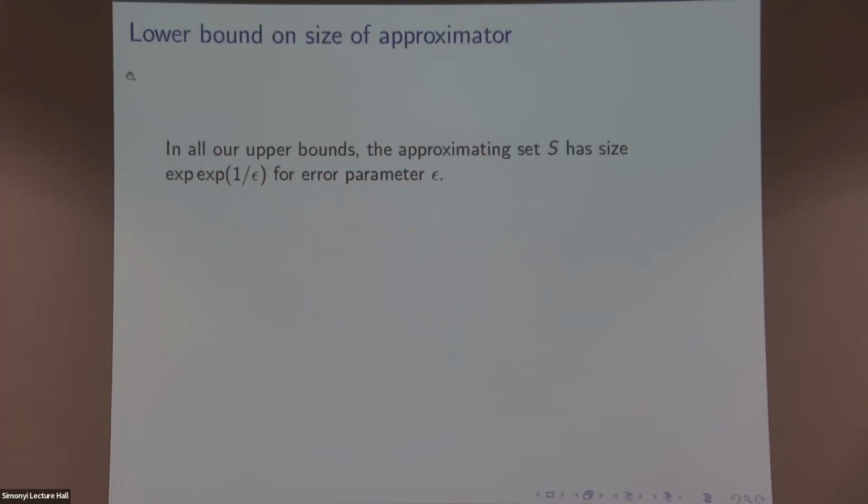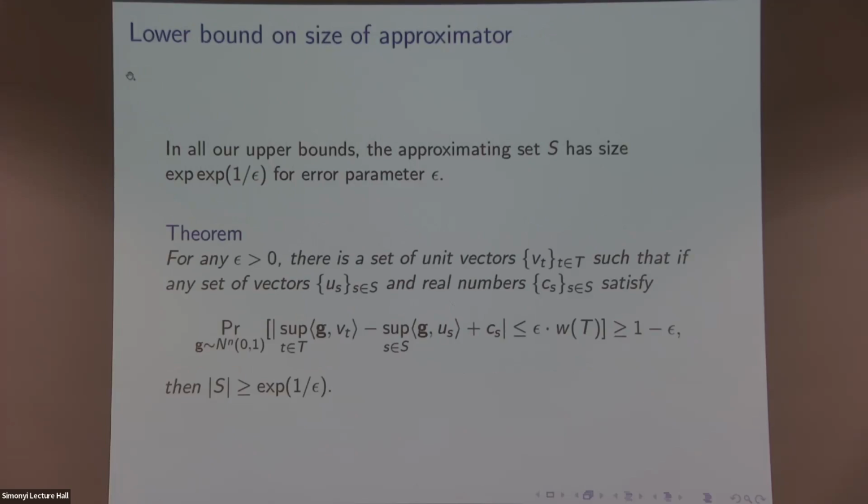Okay, so those are in terms of applications. I just wanted to say, in terms of upper bounds, all our approximators have this doubly exponential dependence on epsilon. And it doesn't matter what you do, even if you start with a set of unit vectors and you allow yourself to choose a set of different vectors and allow offsets, still getting an epsilon error with expected epsilon times Gaussian width error would require at least exponential in one over epsilon different vectors.